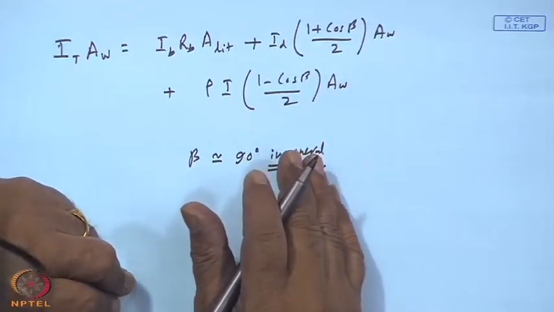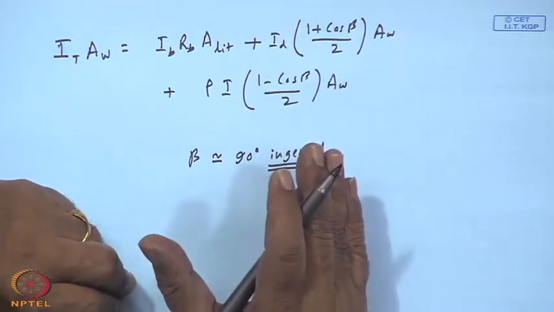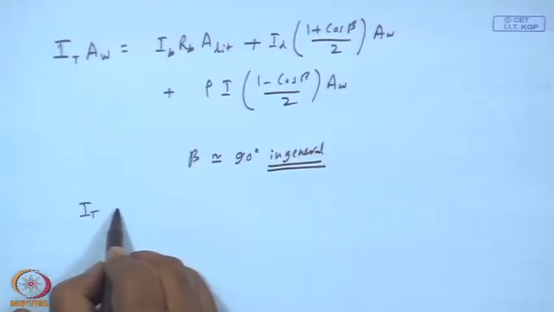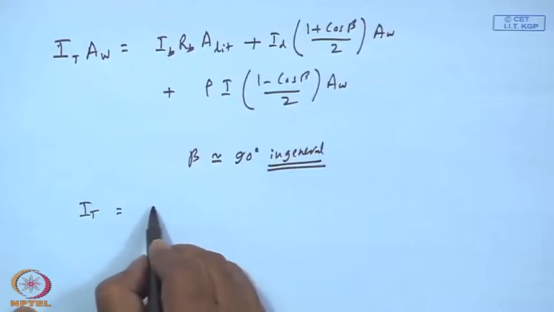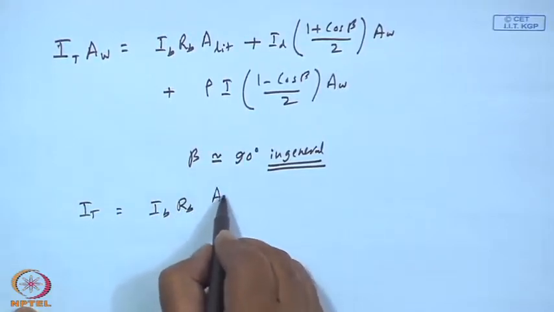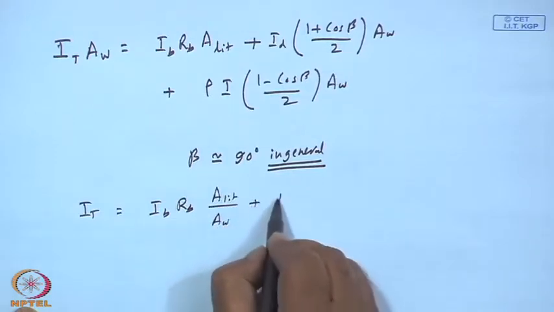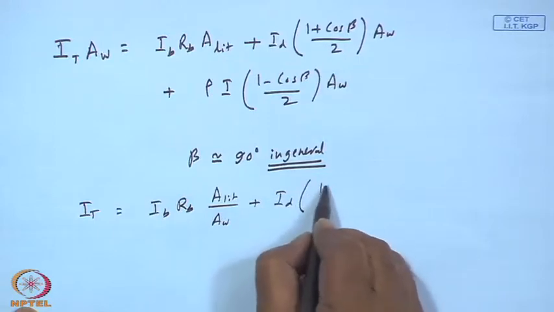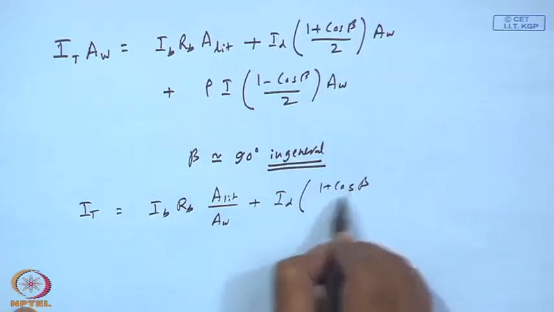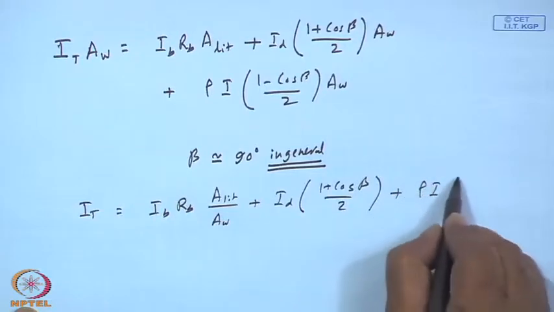There are quite a few architecture buildings where the window or the glass frames are not at 90 degrees, they are at a particular angle. So, if I try to calculate IT per unit area of the window, that will be equal to Ib rb A lit by AW plus the diffuse component plus the ground reflected component.